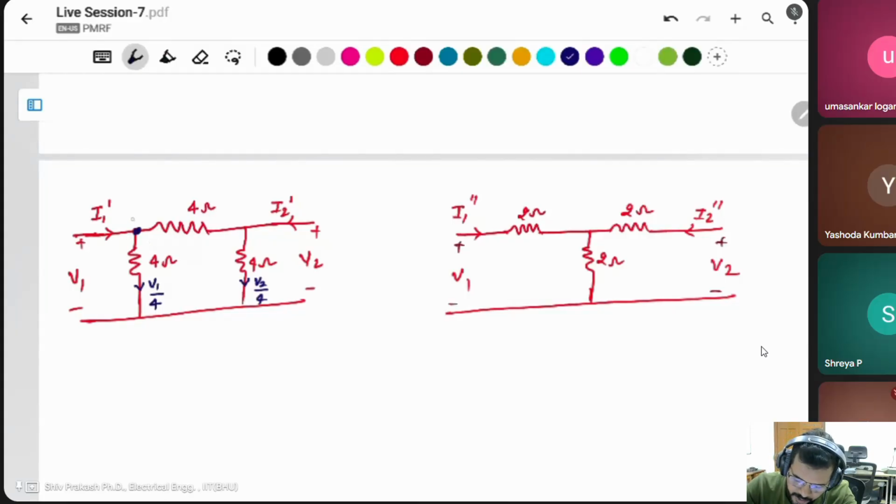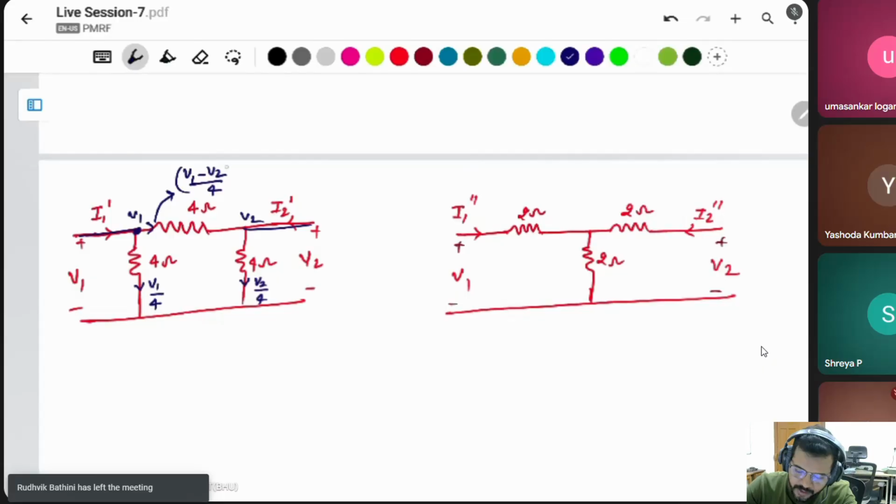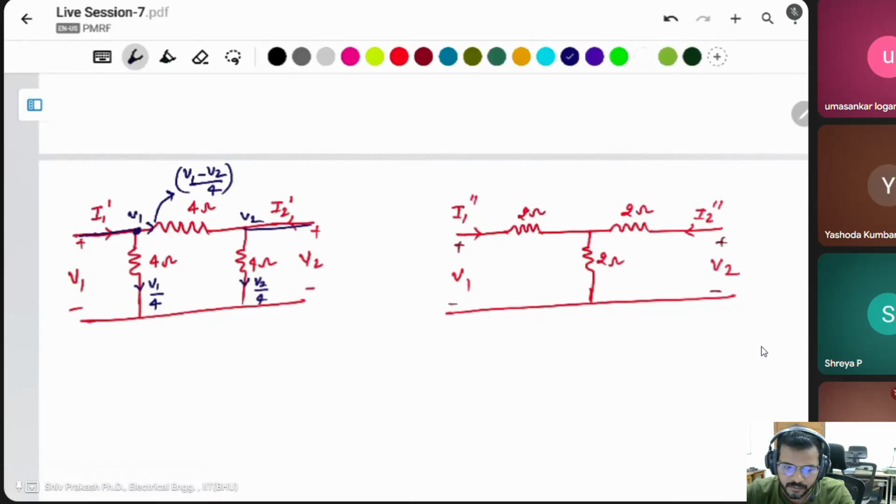This voltage is V1, this voltage is V2. It is directly connected across this one, so this current will be V1 minus V2 divided by 4. Okay, we take this node and this node, apply KCL, and we get the equation of current.